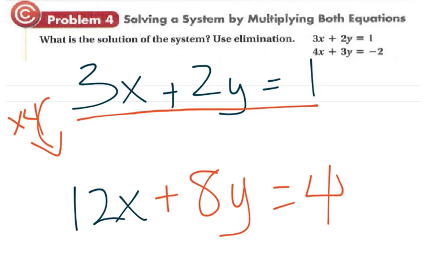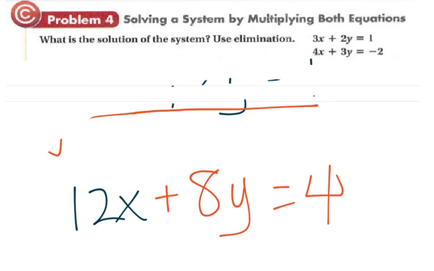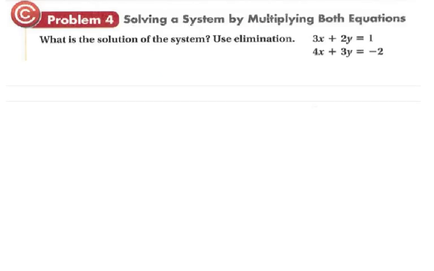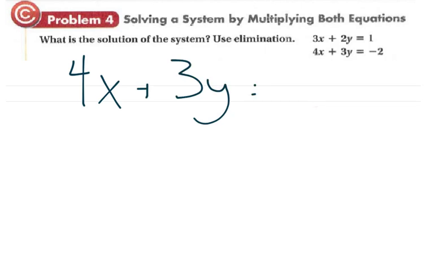And now my new equation is 12x plus 8y equals 4. So I'm going to write that above here. Actually, I'll write it on another sheet of paper. Okay, then in the second equation, I need to go from 4x plus 3y equals negative 2.